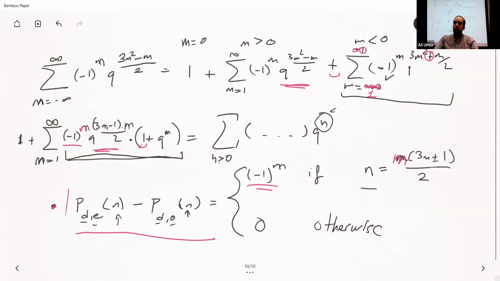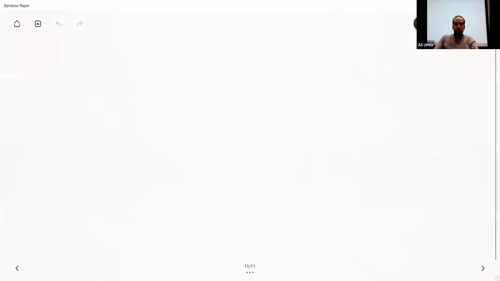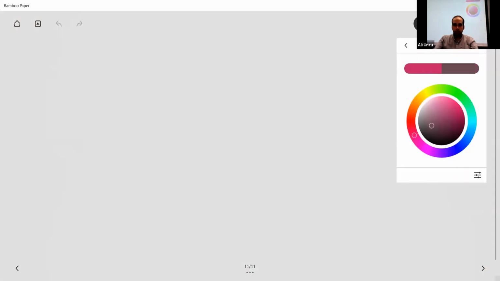If so, whatever that m is defines that weight. If there's no m where you can write the number that you're partitioning in this format, then the weight is 0. They're the same number of distinct partitions into even parts as distinct partitions into odd parts.